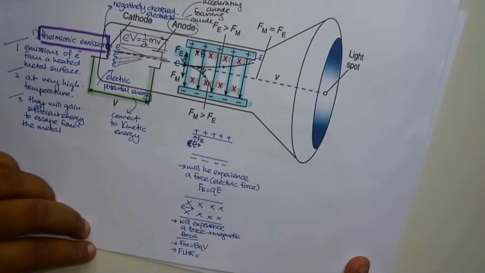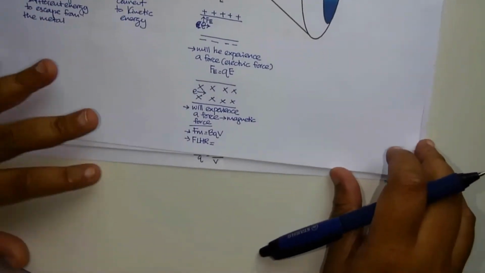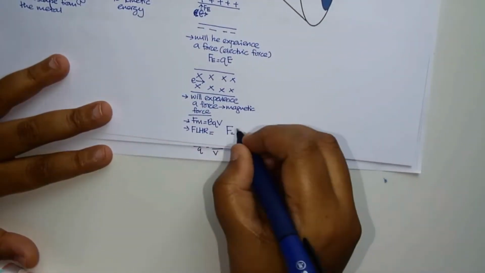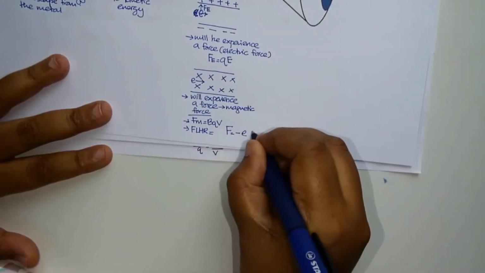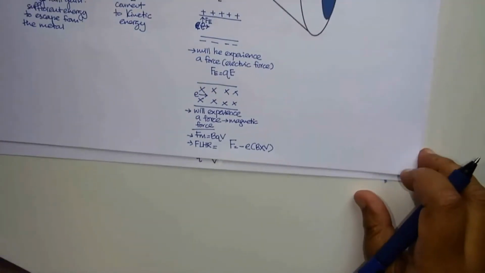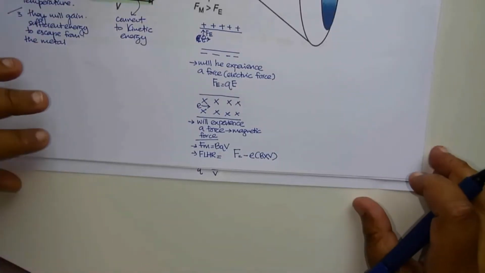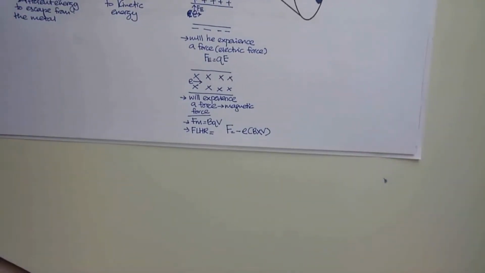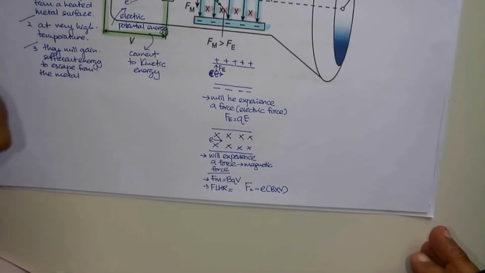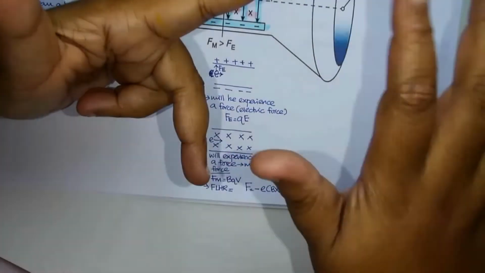So if I use Fleming's left hand rule, since this is the electron, I use F equals negative e, V cross product B. So then we use our left hand.